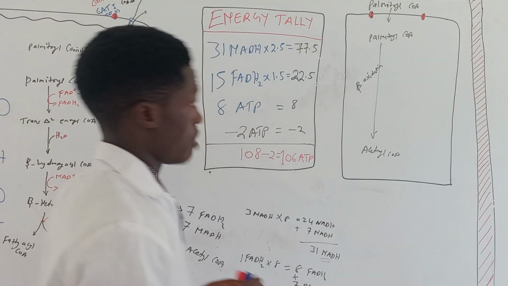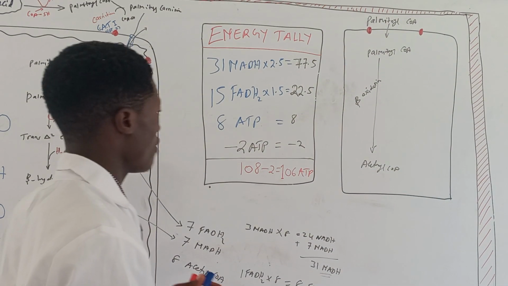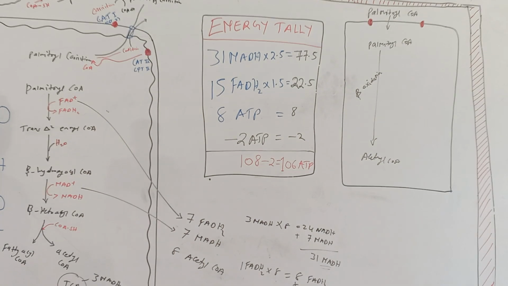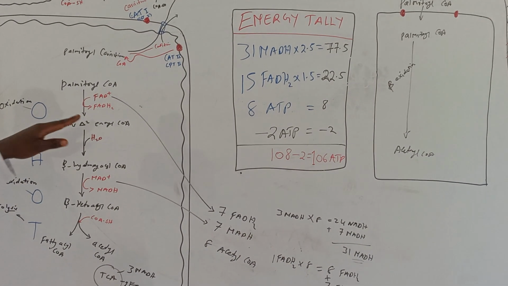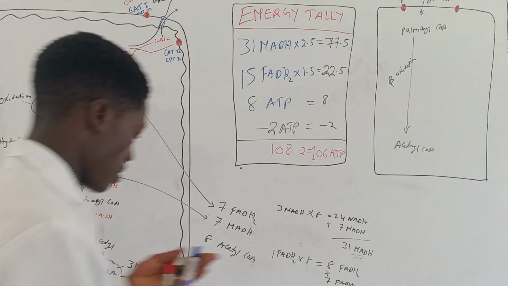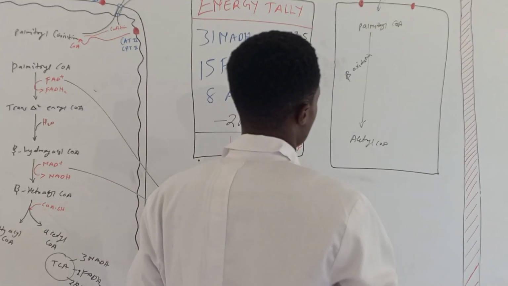But now guys, here comes the unique thing. Remember the first process of beta oxidation? The first oxidation, the FAD was being reduced into FADH2. So that's where we are going to see the difference.